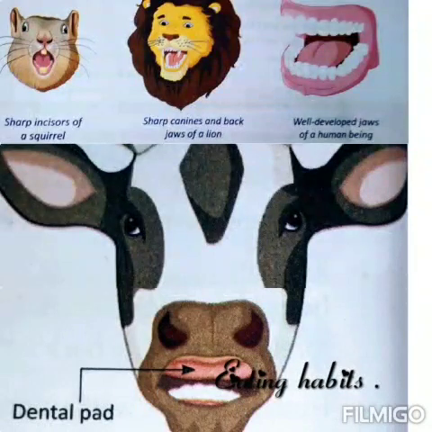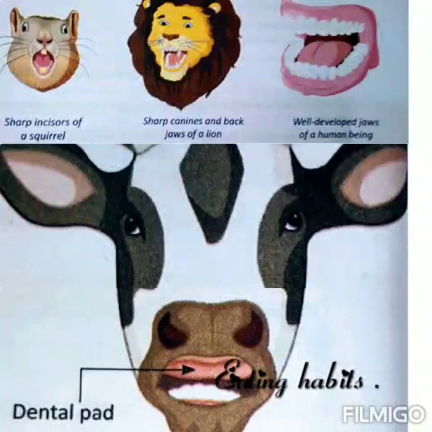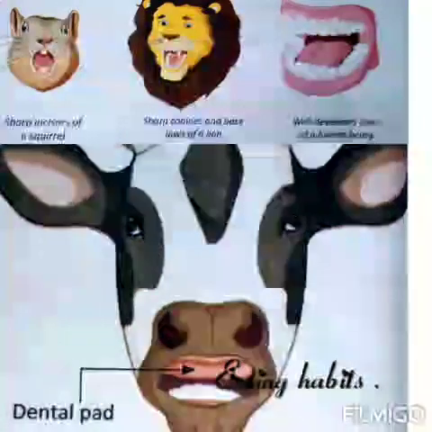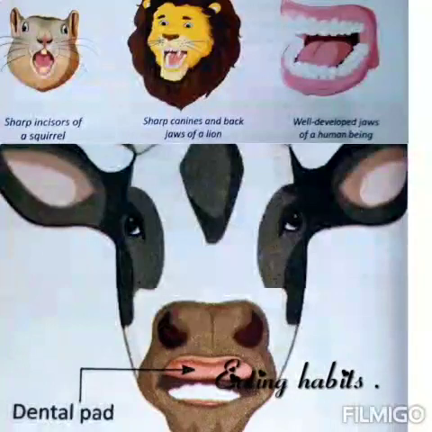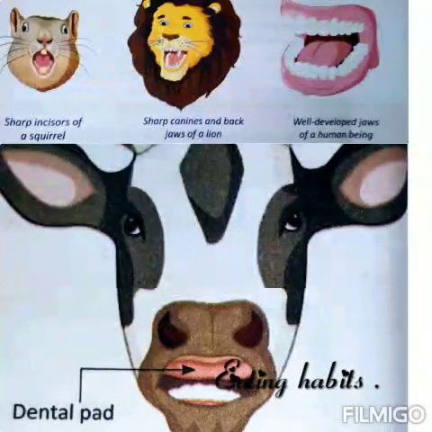Next, carnivores. Flesh-eating animals are called carnivores. Examples are given in the picture: lions, tigers, and wolves. They need to attack the prey and tear flesh.